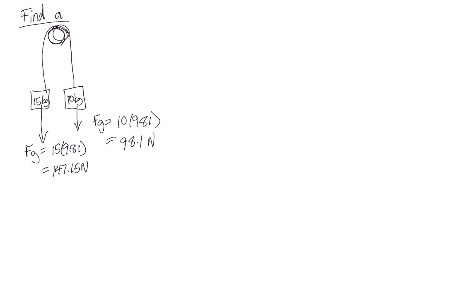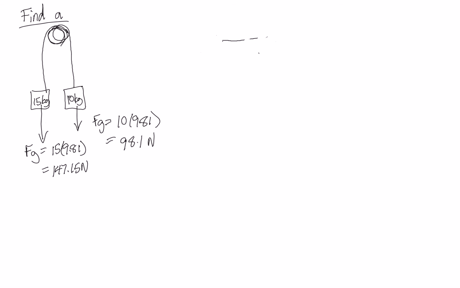What you want to do to answer these questions, though, is think about what's actually happening. And if you think about it, the pulley really isn't doing anything other than just changing directions. So that would be the same thing as if I just said the one box is getting pulled to the right. Let me fix this up a little bit.